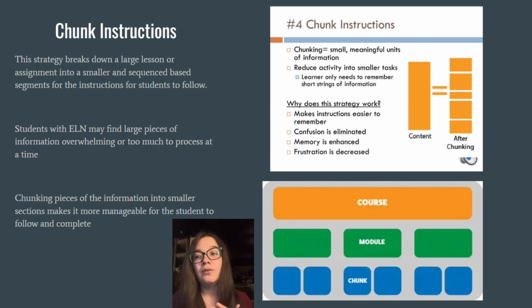So by reducing activity into smaller tasks or information, students can start remembering short strings of information piece by piece at a time and in their own time as well. It also makes it more manageable for students to follow and complete the instructions and move on with their assignments.